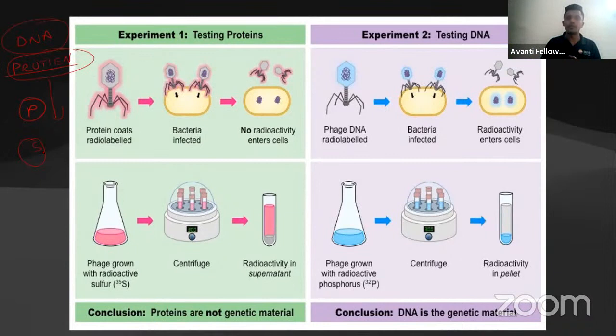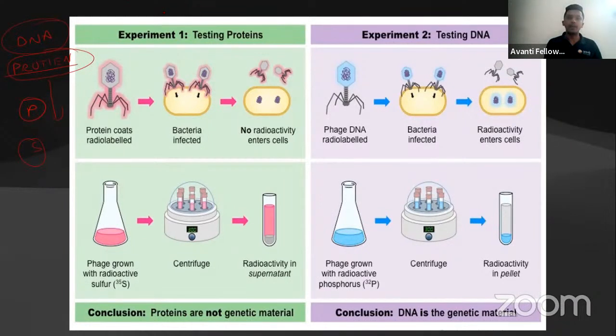So what they did was, if you think that proteins are the genetic material, then sulfur should be present. I will tell you about it. If you think that DNA is the genetic material, then we are trying to target the phosphate. So labeling will happen. What do they label?